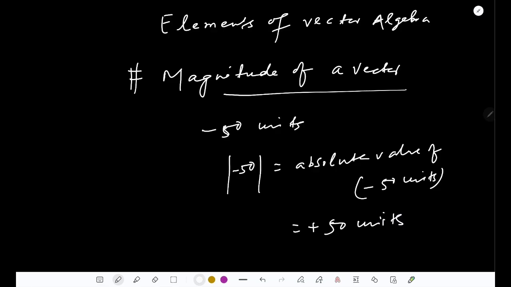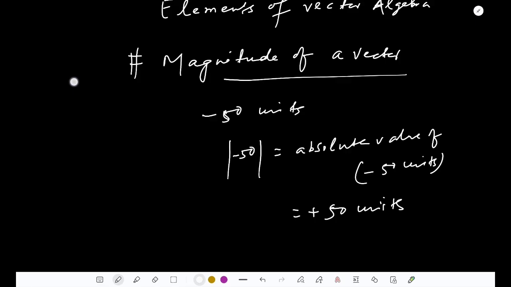Similarly, in the same manner, the magnitude of a vector quantity is a positive number of units corresponding to the length of the vector in those units.